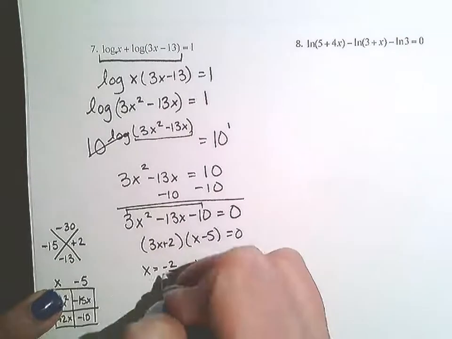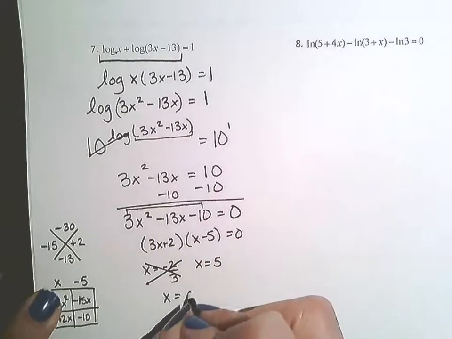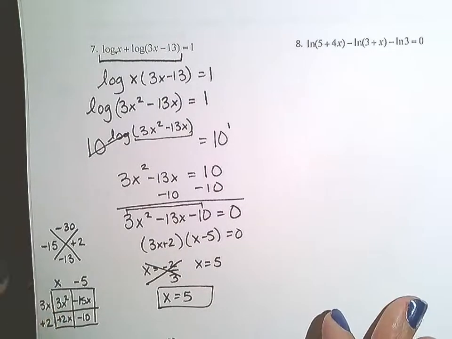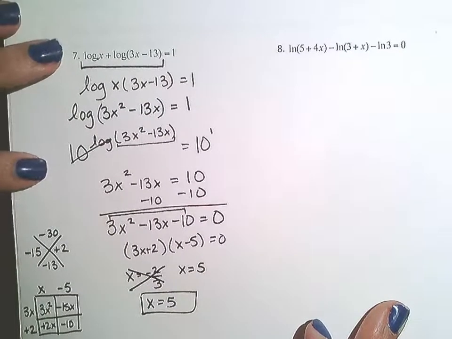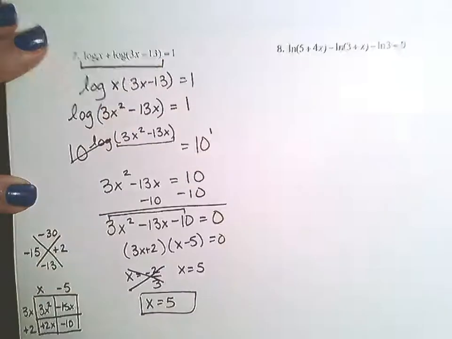Nothing. So that can't be the answer. So our answer is just x equals 5. And again, this is your exact, technically your approximate too. All right, and if you plug this in, it will work. It will give you 1.